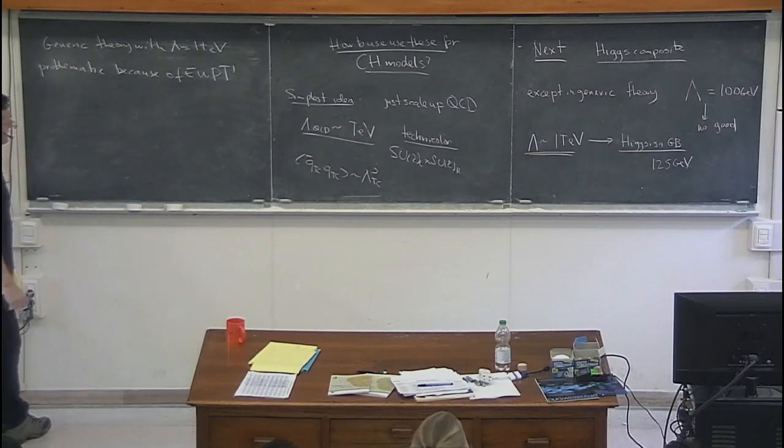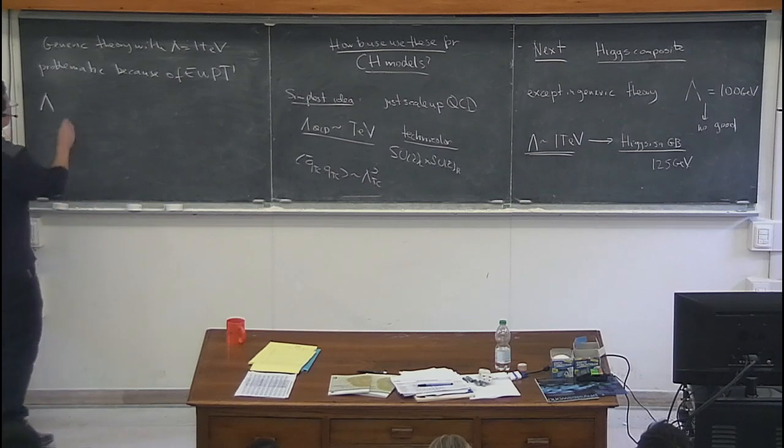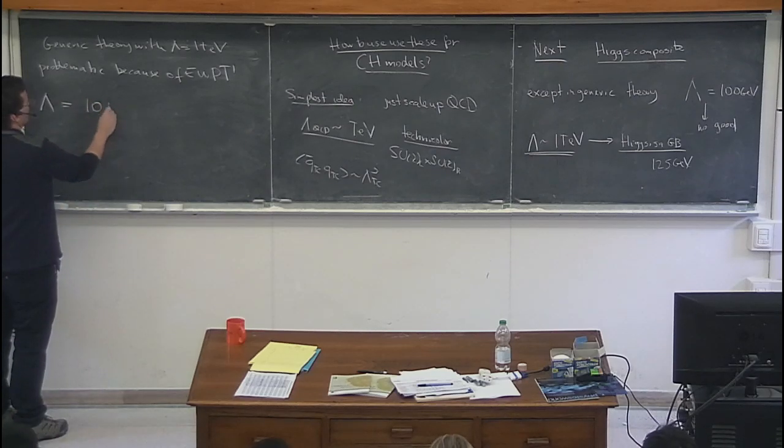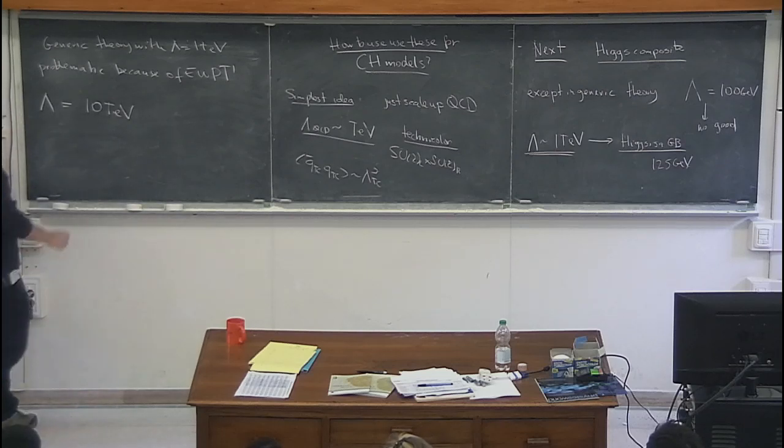So the usual approach is to take lambda one more order of magnitude bigger, so to take lambda equals 10 TeV. Okay, so then we are safe from generic electroweak precision corrections.